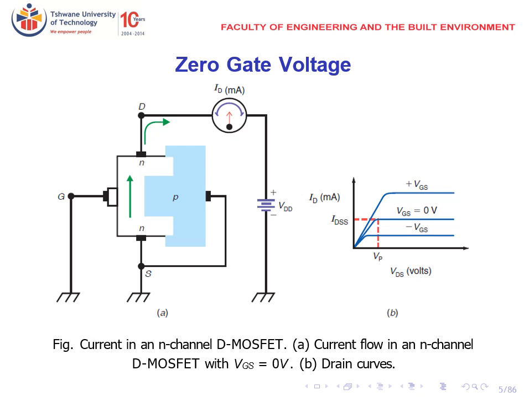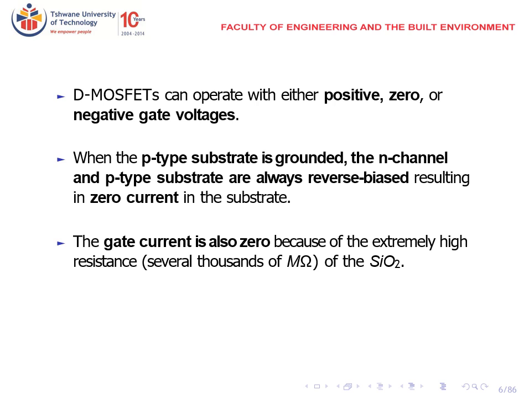This is how we will connect it, as shown in figure A. And then B shows you the drain curves, the relationship between ID and VDS. D MOSFETs can operate with either positive, 0, or negative gate voltages.